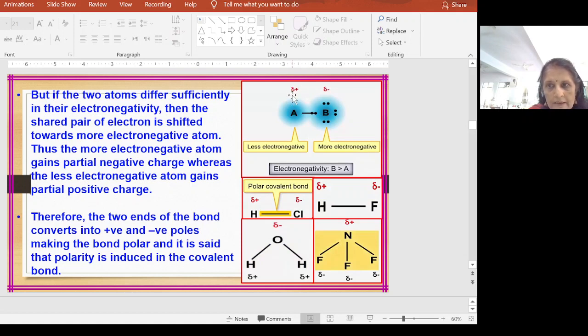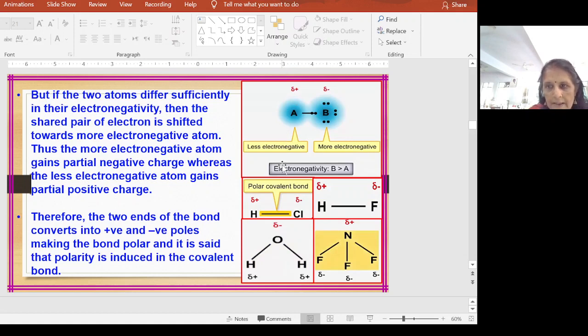This delta is used here to show small development of the charge. Now the poles are being developed, and therefore we call this polarity in a covalent bond. So a polarity is induced in the covalent bond.